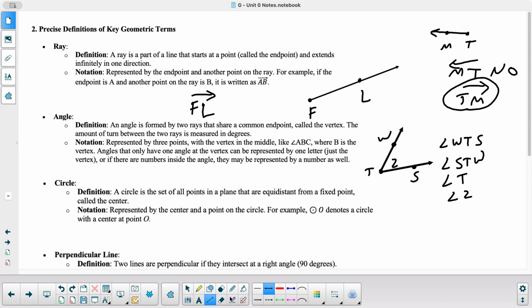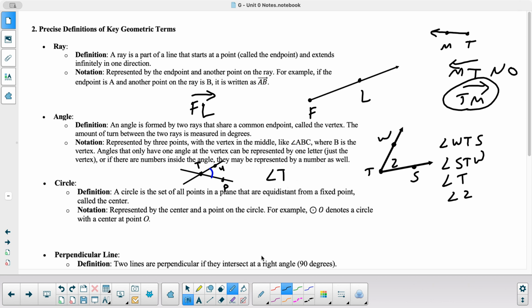Okay? Now, if you have multiple angles here, like let's say this is T, U, P, and I want to talk about this angle, I cannot call this angle T. A lot of people want to call it angle T. The problem is there's 1, 2, 3, 4 angles at point T. Okay, so that wouldn't work.